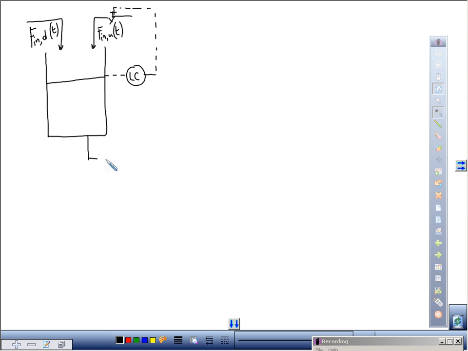And I have an output flow rate here at the bottom of my tank, F out, which I'll assume, because of the fact that it will depend on the pressure at the bottom of the tank, to be proportional to the level, or equal to a constant, which I'll denote by C, times the level.